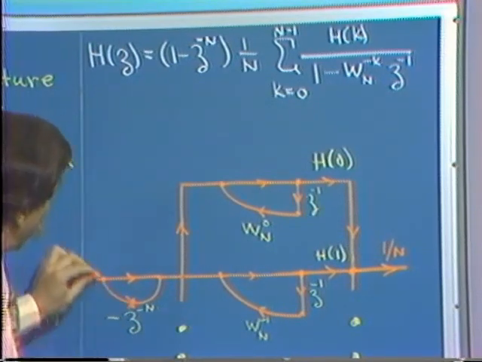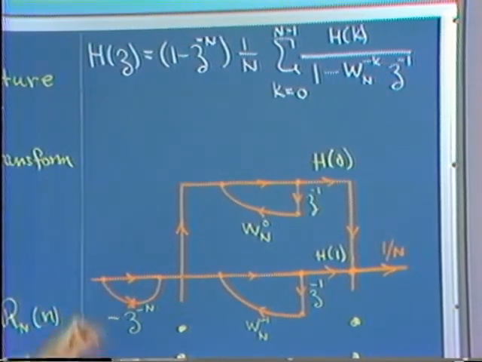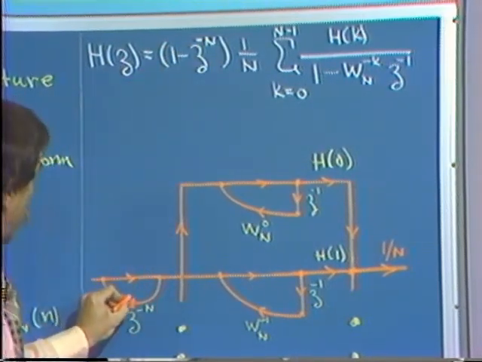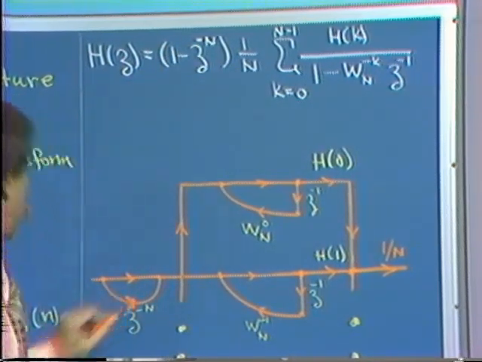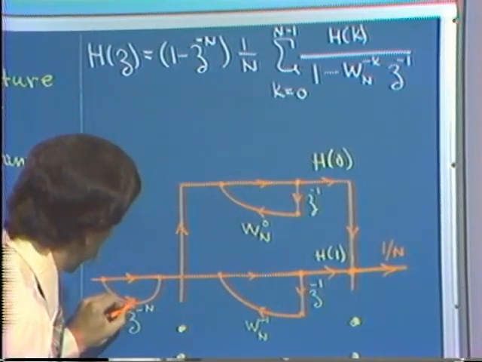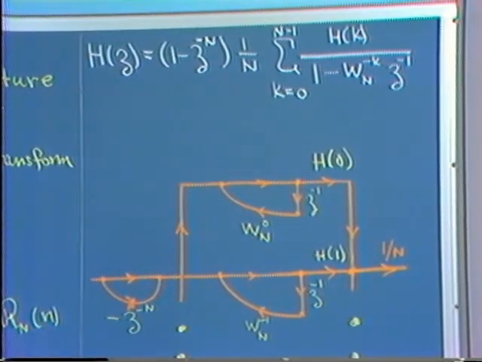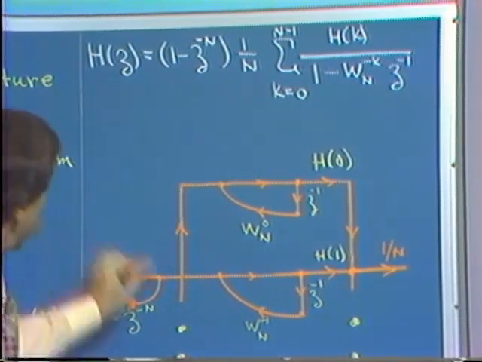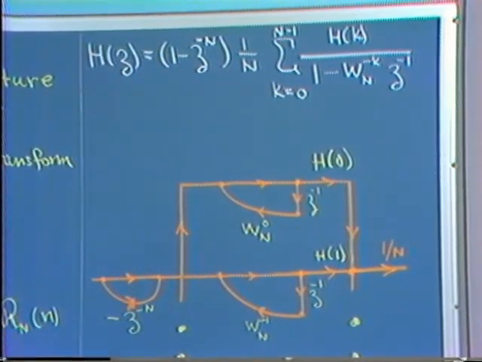This is an arrow again in the forward direction. That just simply implements the system 1 minus z to the minus capital N. And that, I guess, makes enough of a mess out of it so that hopefully you can at least see what direction that arrow goes in. This then implements that piece.